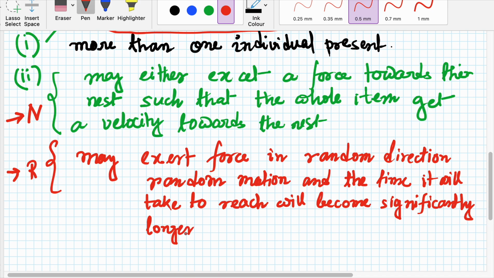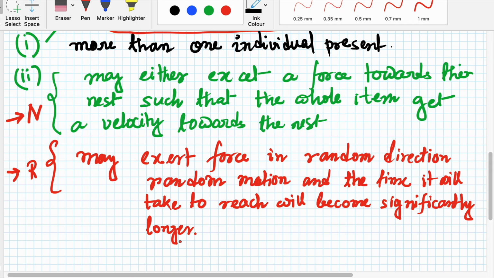And it is very natural to assume that ants do not like meandering with their prey item, and would rather take it to the nest as quickly as possible, because pulling in random directions, with the prey item going in random motion, will require a lot of energy and a lot of time.